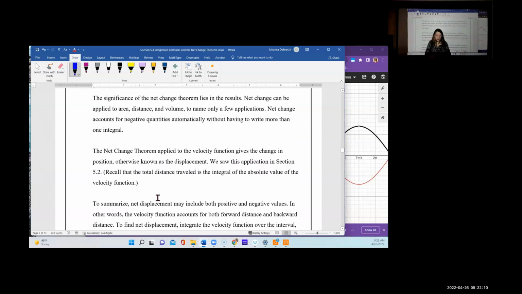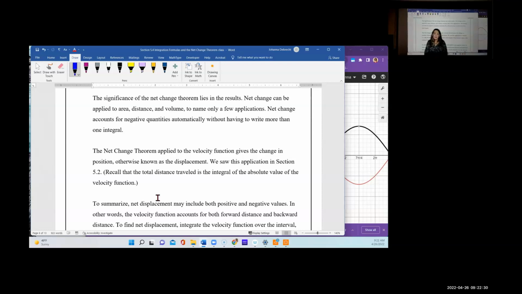This can be applied to things like area, distance, surface area, volume, and other applications. Now, it also applies to velocity and position. Remember that the change in position is called the displacement.